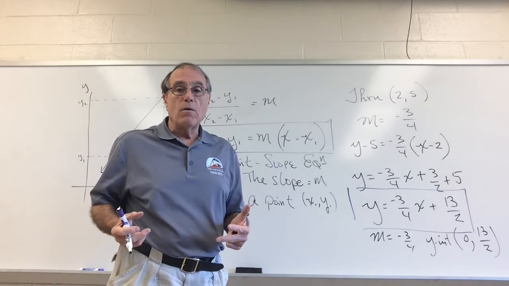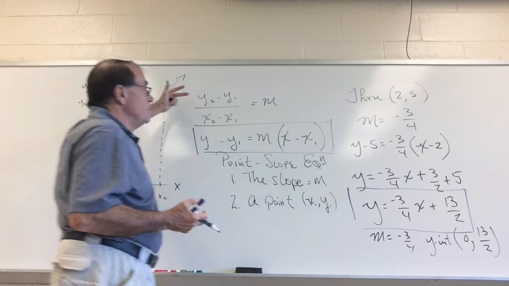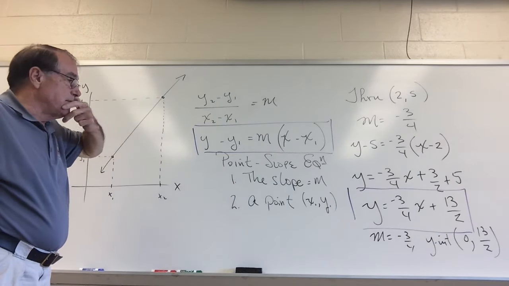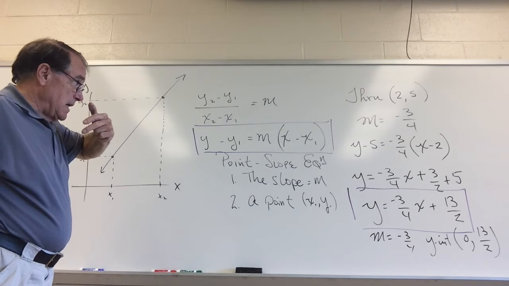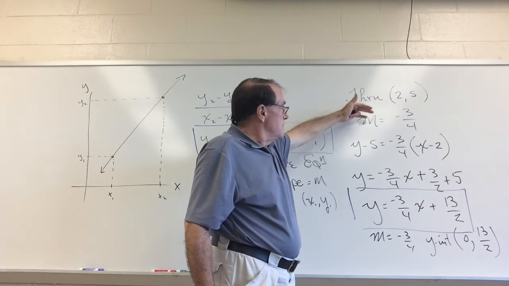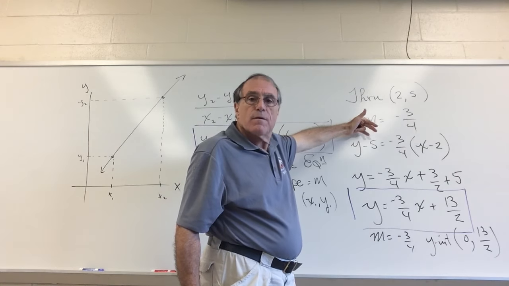So this is how I can take 2 points and write the equation of a line. Now in this case, the line passed through the point 2,5 with a slope of -3/4.